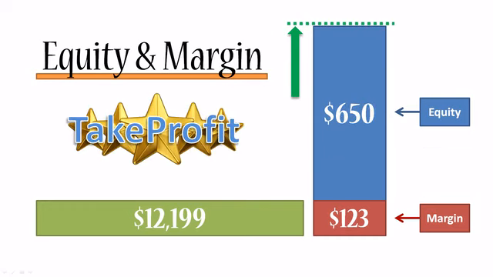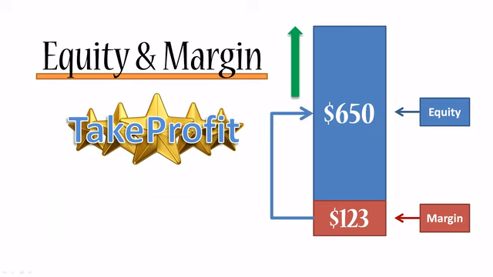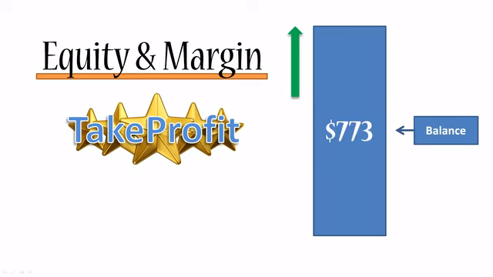Next is when the take profit is actually reached, what happens is the money that the broker lent us, the 12,199, is taken out of our account, so it's taken back. Then our margin is released, so it goes to join our equity, and together they become the balance on your account.